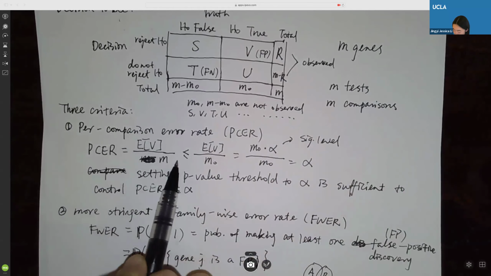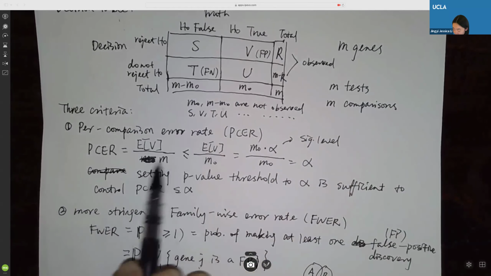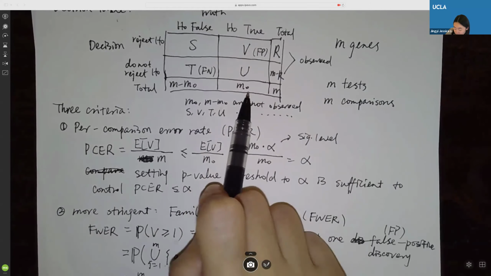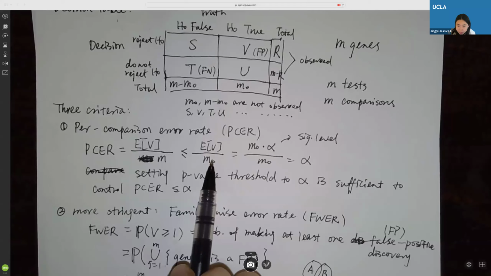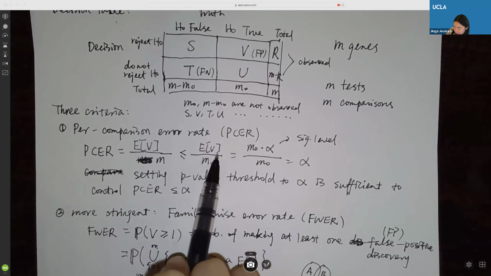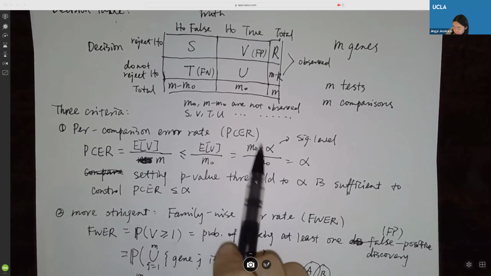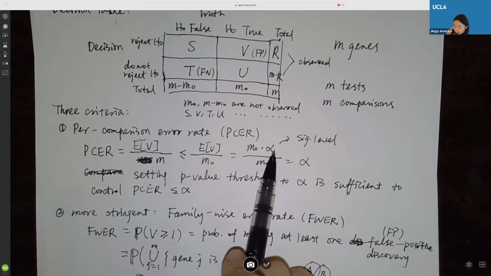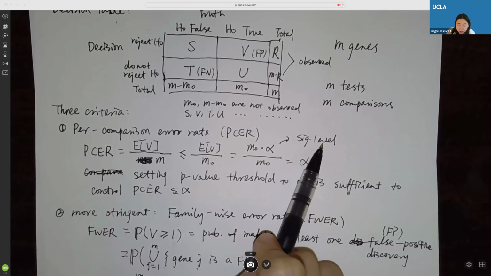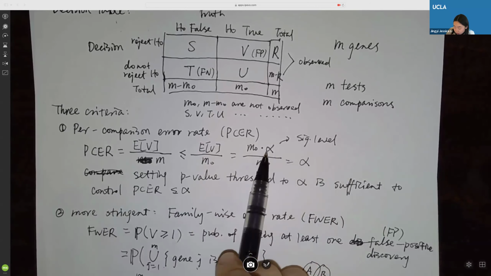This criterion can be upper bounded by changing M to M0, because M must be greater than M0. M0 is the number of true nulls. And the expectation of V can be written as the number of true nulls times the type 1 error or significance level. That's what our p-value threshold is. We call this alpha.